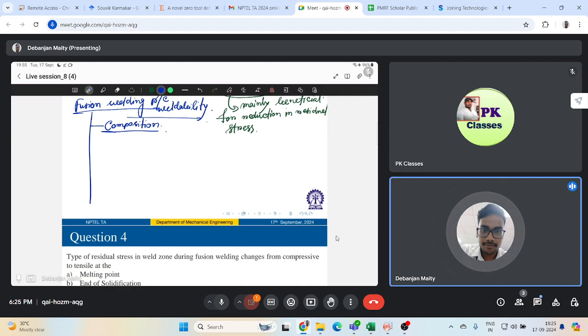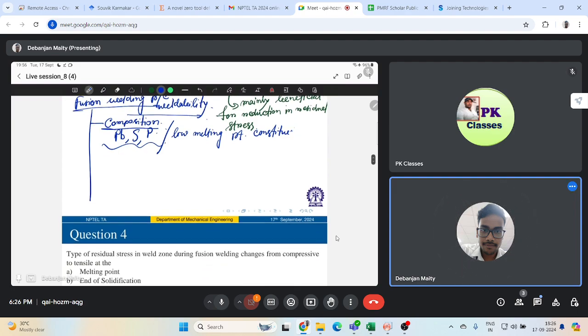So unfavorable elements like lead, sulfur, phosphorus, or low melting point constituents will always increase my solidification cracking tendency, and with high concentration of these elements, my liquation cracking tendency as well.